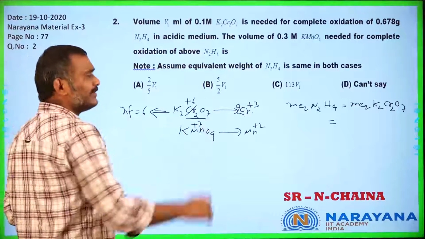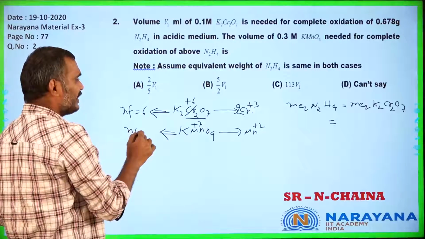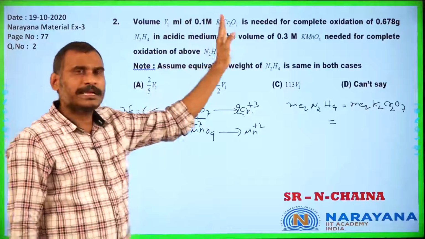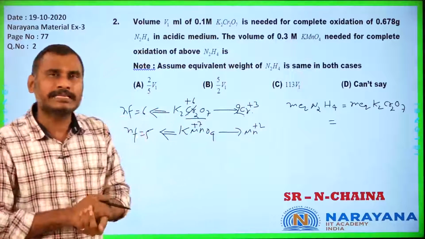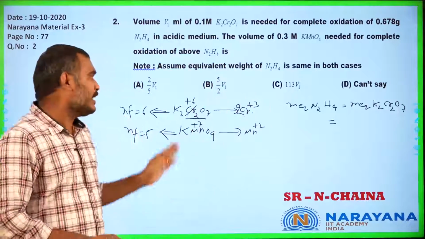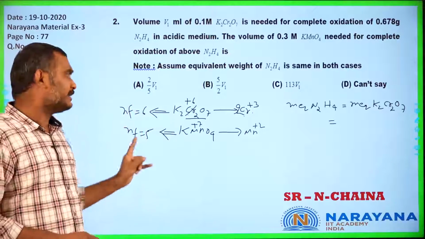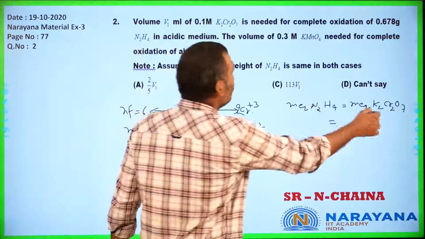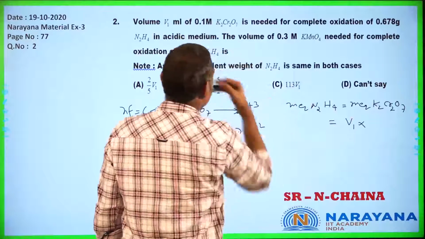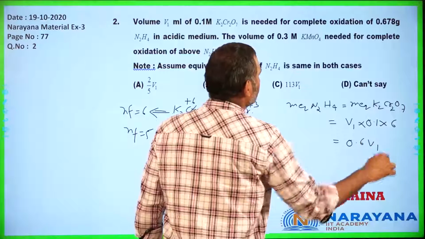Here manganese is 7 and becomes 2, so the n factor is 7 minus 2, which is 5. So when I am using potassium dichromate and KMnO4 as oxidizing agents in acidic medium, potassium dichromate becomes Cr plus 3 and KMnO4 becomes Mn plus 2, so the n factor is 6 and 5 respectively. Now milliequivalents is equal to V1 into 0.1 into 6, that is equal to 0.6 V1.